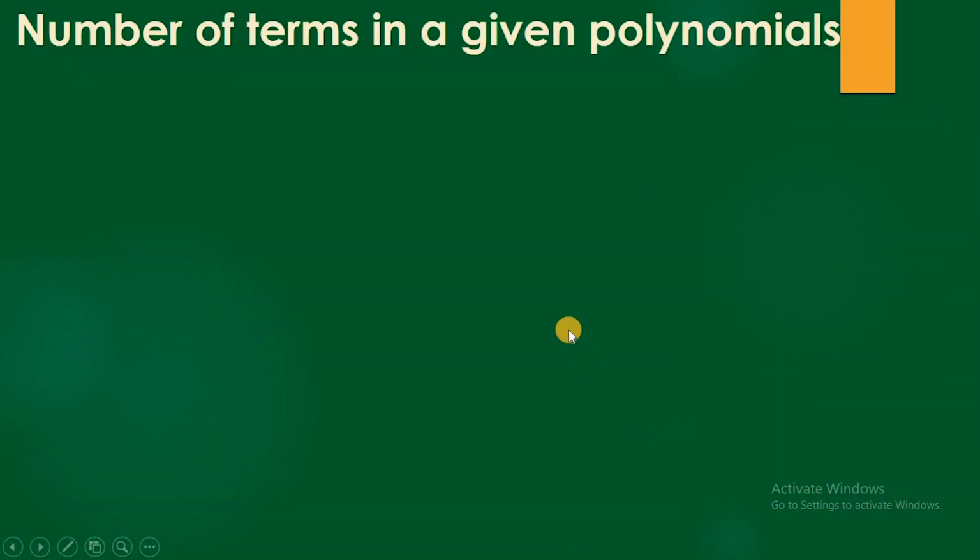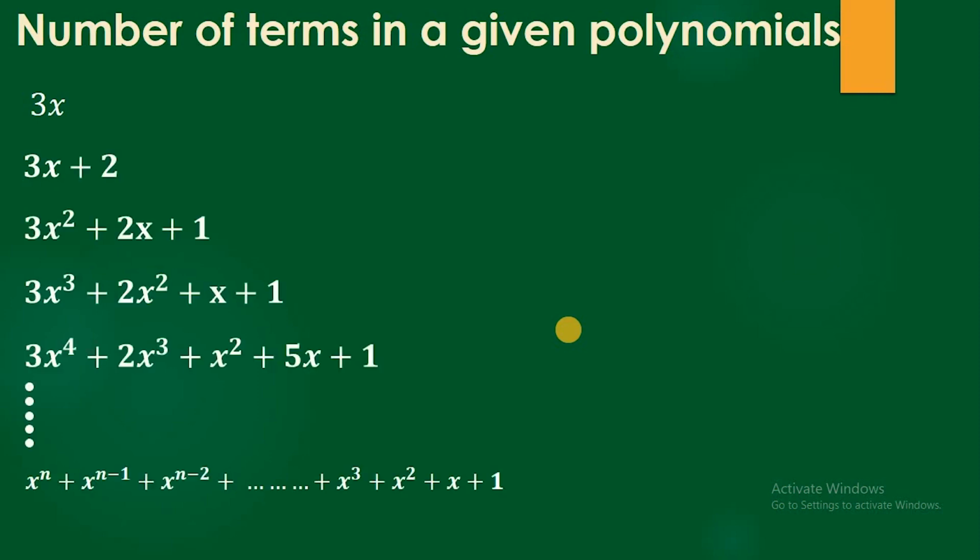Now we'll discuss the number of terms in a given polynomial. A polynomial can have any number of terms, but there is a certain name given to the different polynomials according to the number of terms. For example, we have 3x plus 2, 3x square plus 2x plus 1, 3x cube plus 2x square plus x plus 1, 3x raised to the power 4 plus 2x cube plus x square plus 5x plus 1, and we can write any number of terms.